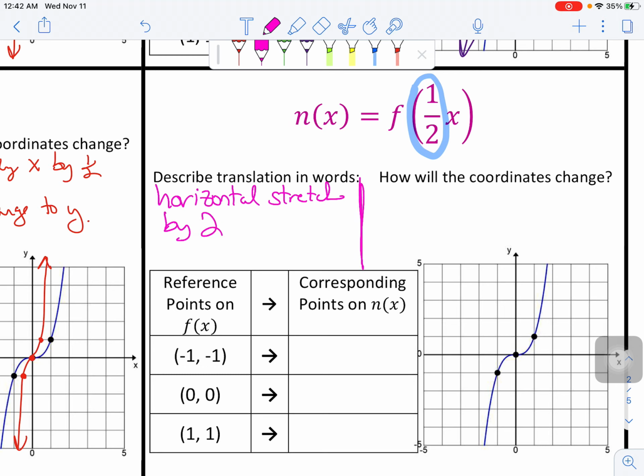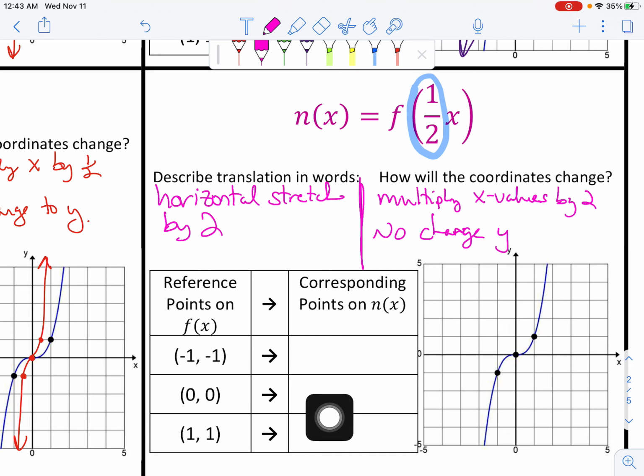The horizontal stretch is going to be by 2. All right, so that means we're going to multiply the x values by 2, and horizontal changes don't have any effect on y, so no change to y.